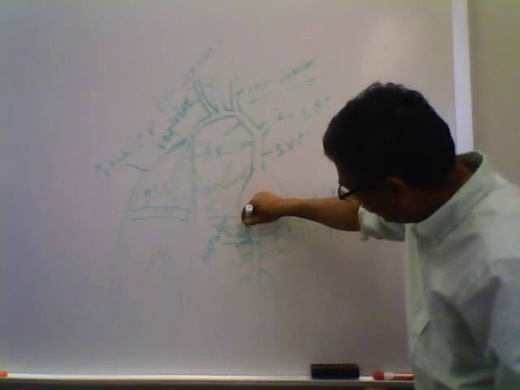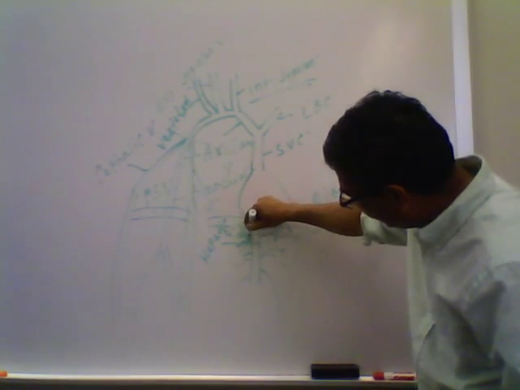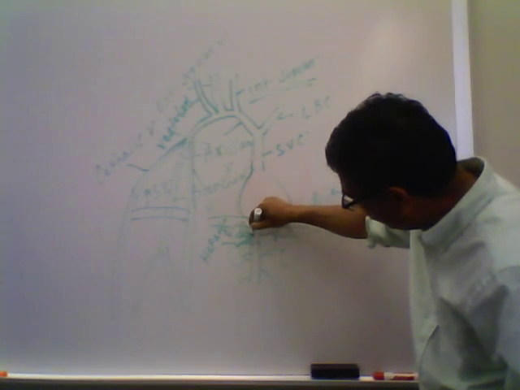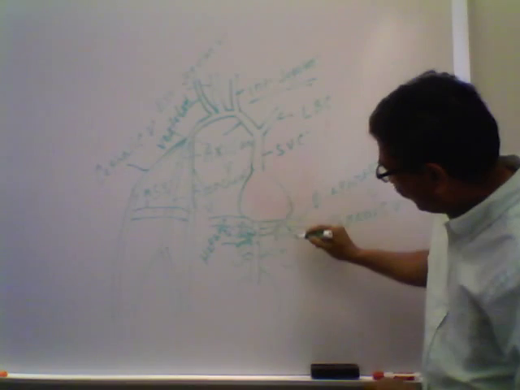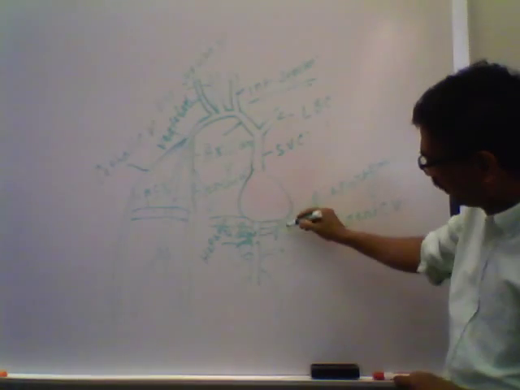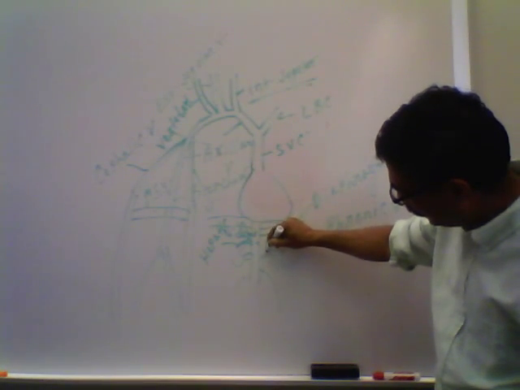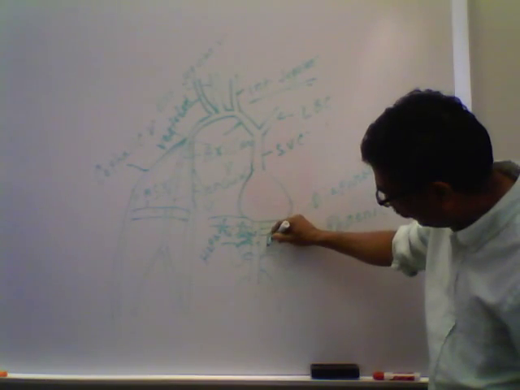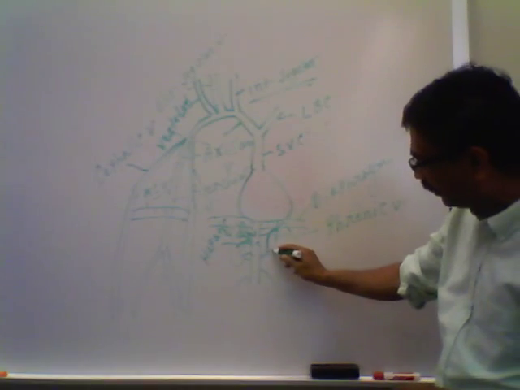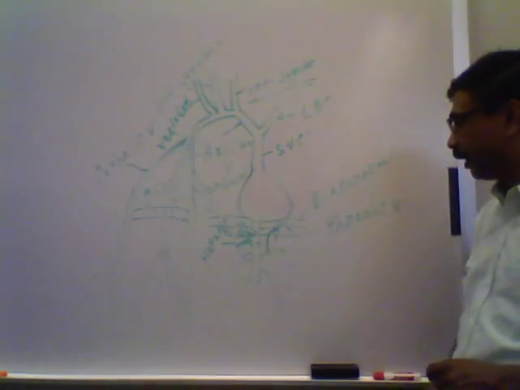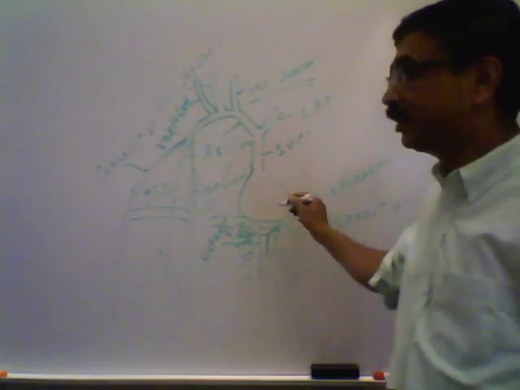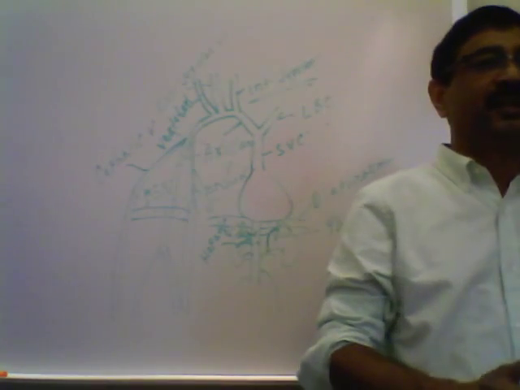On the right side, the suprarenal vein directly drains into the inferior vena cava. But on the left side, what happens? The suprarenal vein first takes the blood to the renal vein, and then the renal vein takes the blood to the inferior vena cava.